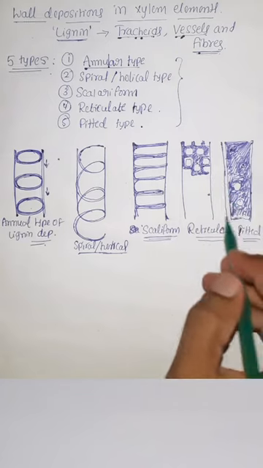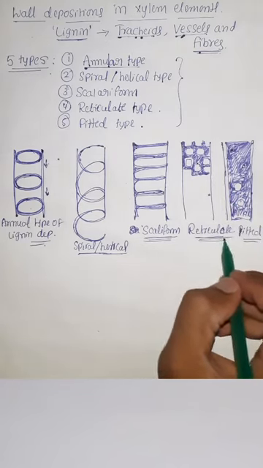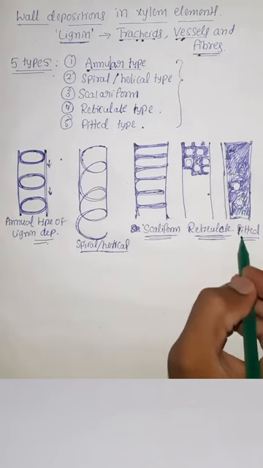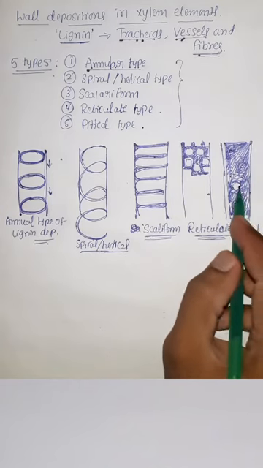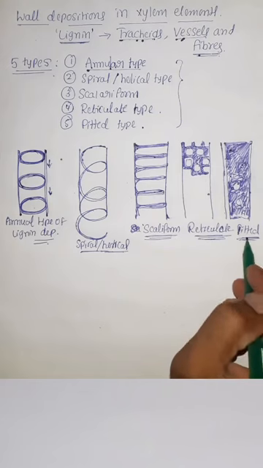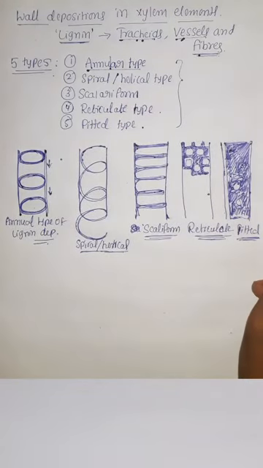If it deposits in a reticulate manner, it is known as reticulate. If the deposition takes place throughout the wall surface leaving pores, this type is known as pitted type of lignin wall deposition. This is all about wall deposition types.